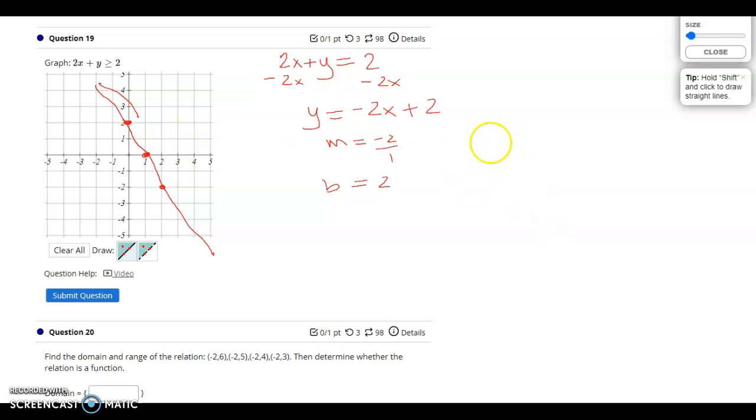And then we need to decide where to shade. So to decide where to shade, you'd pick a test point. You can pick a point wherever you want. I like to choose the point 0, 0. If it comes out true, we'll shade this spot. If it comes out false, we shade the other. So plug it in, 0, 0. We'll end up with 0 plus 0 is greater than or equal to 2, which is false. And so we'll shade this side. The end.